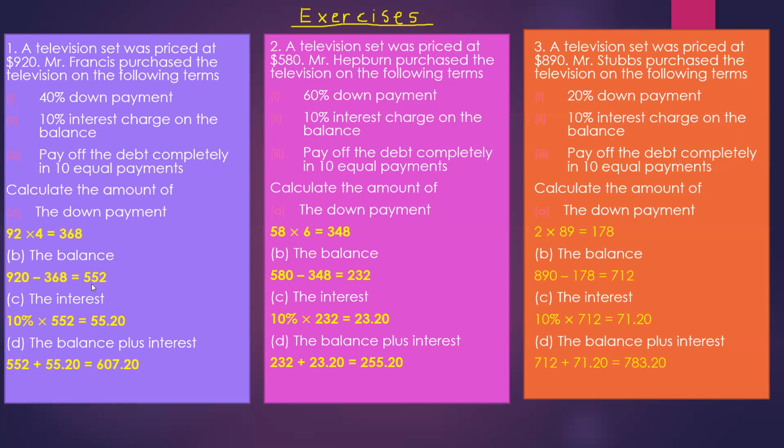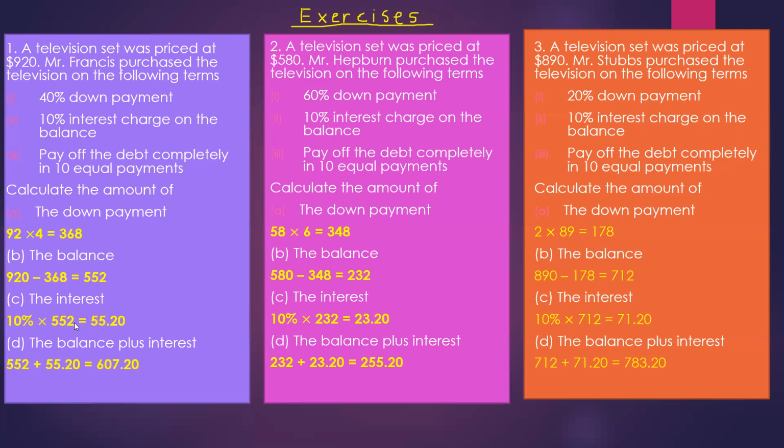And C is asking for the interest. You have to put it in fraction form again. You put 10 over 100, because at the top it says 10% interest charge on the balance, times 552 over 1.